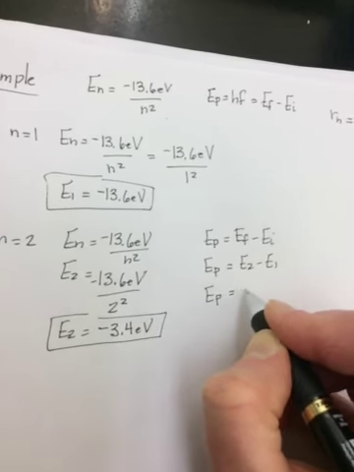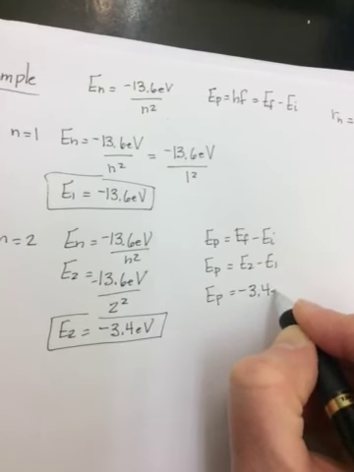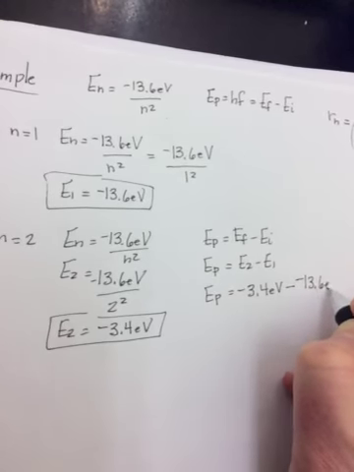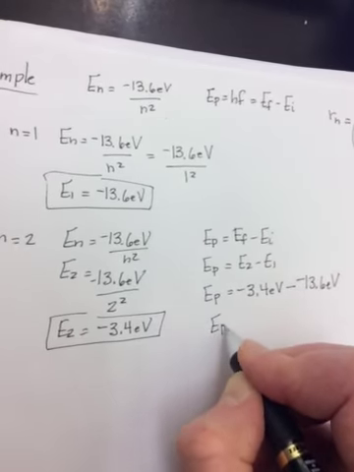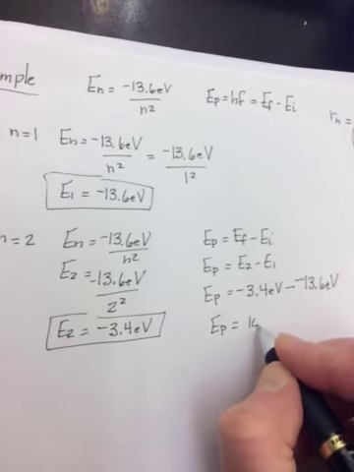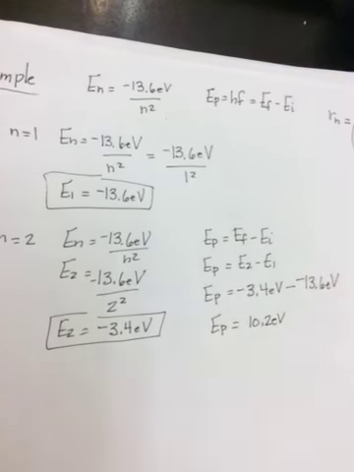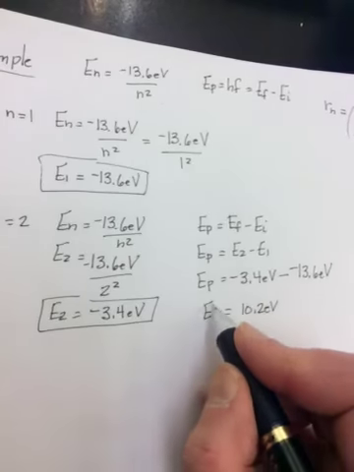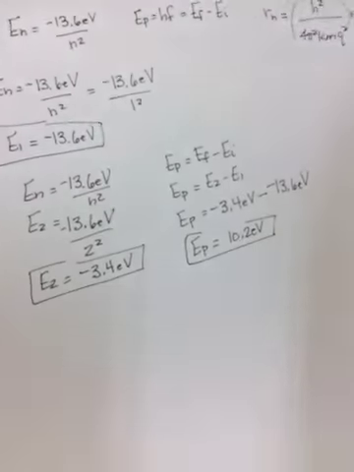So E_photon will be equal to negative 3.4 electron volts minus a negative 13.6 electron volts. That's a plus, so 10.2 electron volts. Right? So that's part C.